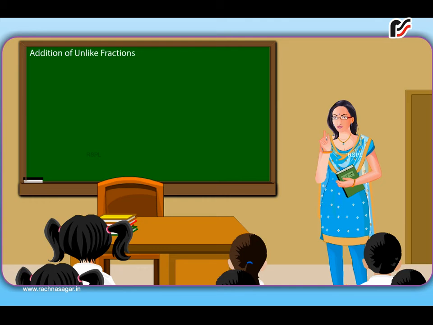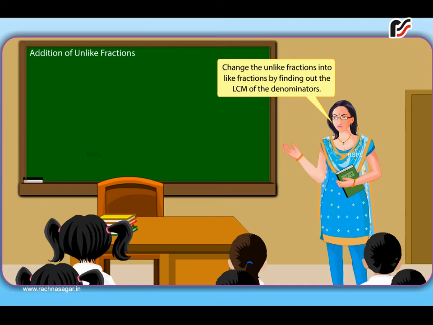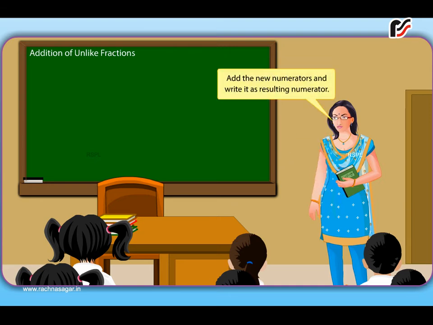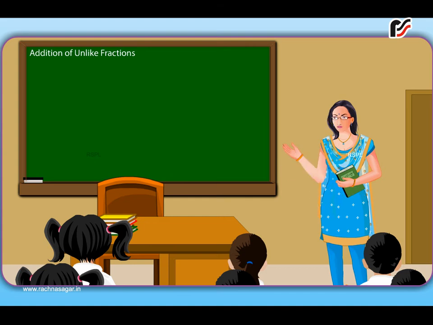Addition of unlike fractions. To add unlike fractions, we change them into like fractions. Change the unlike fractions into like fractions by finding out the LCM of the denominators. Add the new numerators and write it as resulting numerator. Write the LCM as the denominator. If the answer is an improper fraction, change it into mixed fraction.